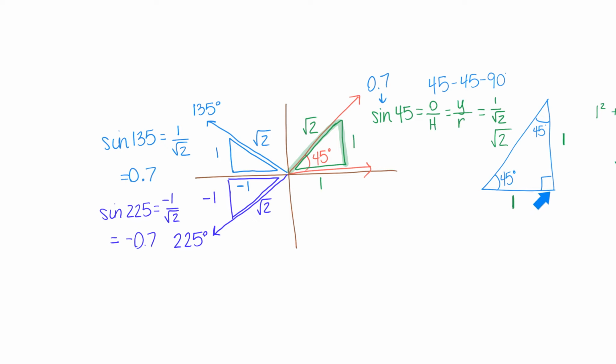If this side is 1, then this side has to be 1 because it's a 45-degree triangle, and the sides have to match. Based on that, the hypotenuse has to be root 2. That means this ratio has to occur in any size triangle.